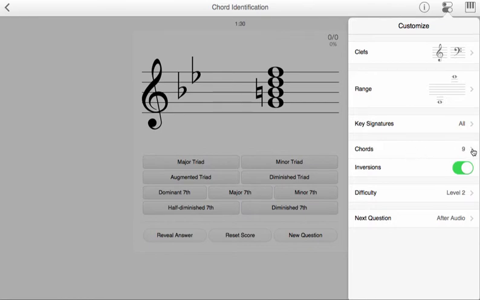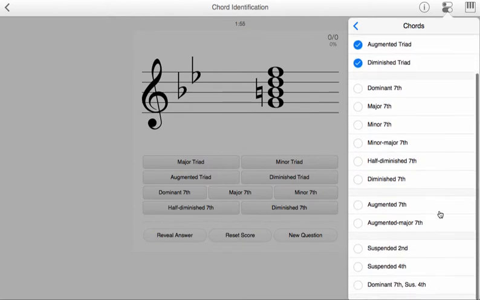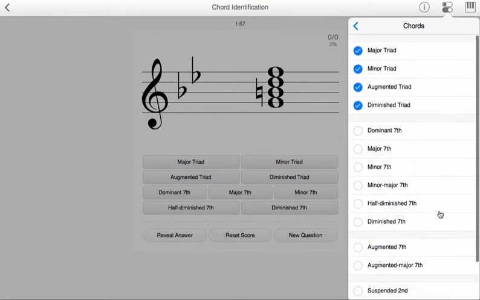And then we're going to choose the chord types that you're going to be tested on. So that will eliminate these seventh chords that you're seeing right here. So you want major triads, minor triads, and we're looking at augmented and diminished in this session. You don't want these seventh chords, so you just leave it at those four triad types.